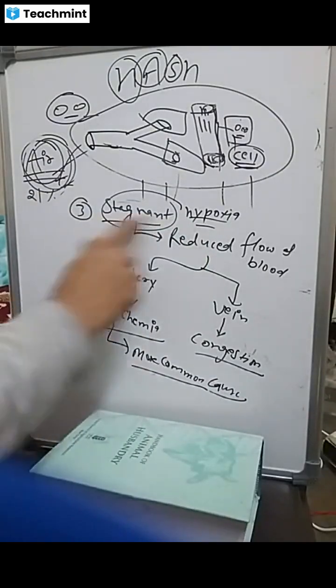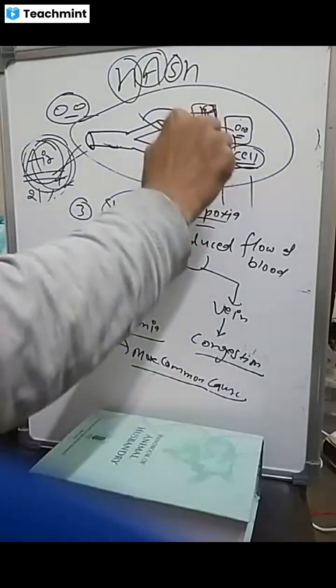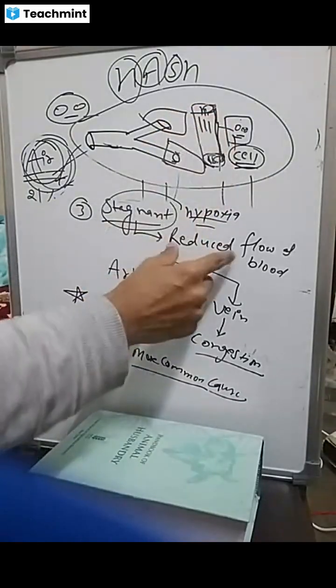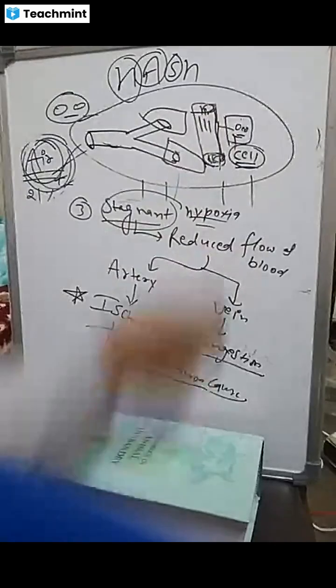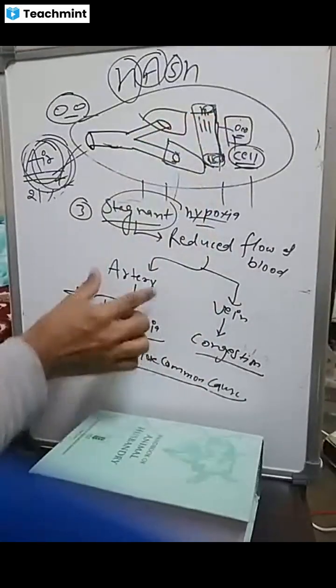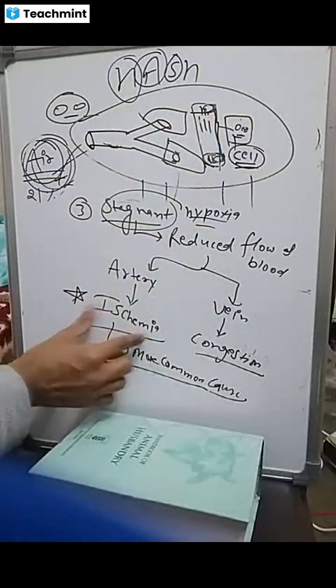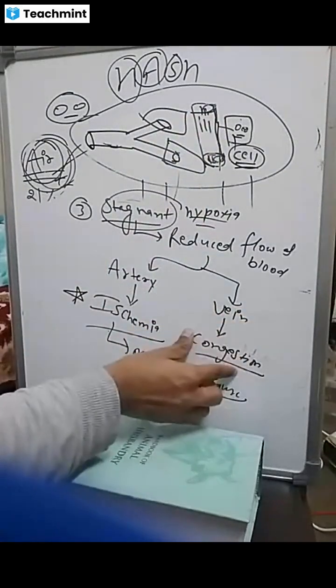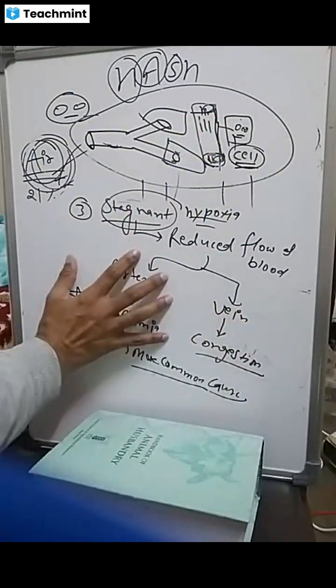So in stagnant hypoxia, the blood which is flowing is having reduced flow. The perfusion is not good. At artery level, ischemia; if it is at venous level, called congestion. But ischemia is more common.